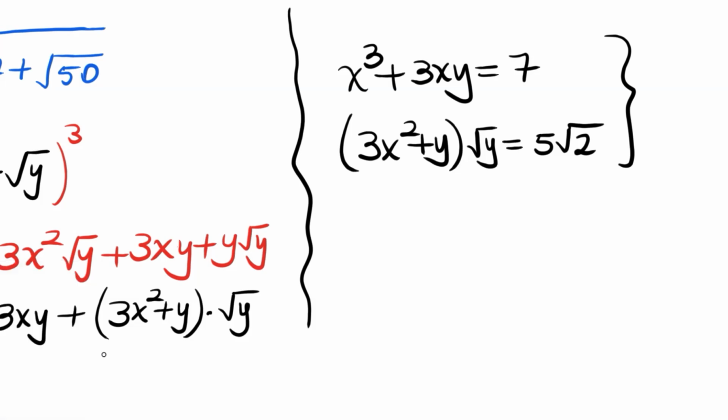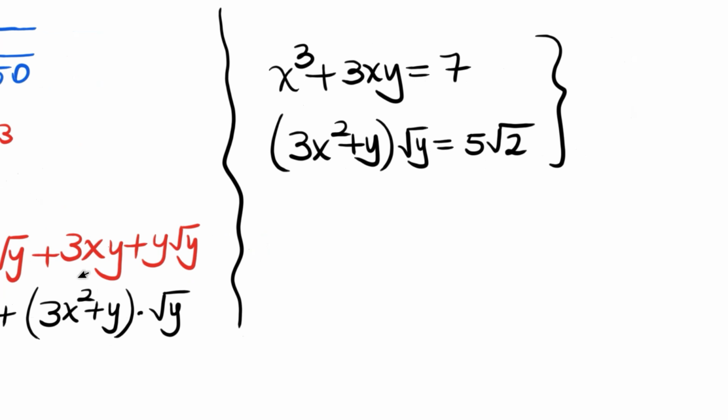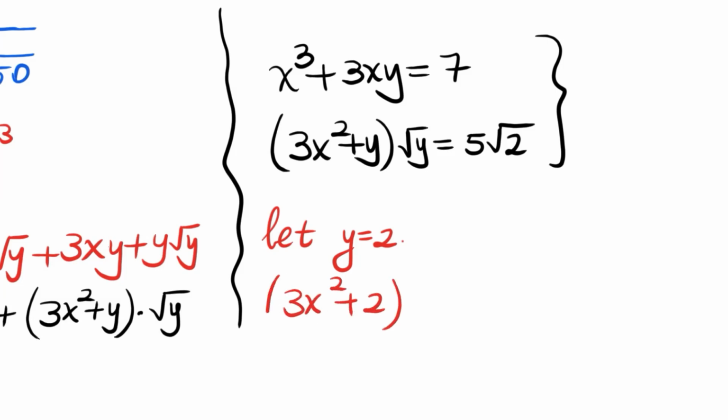Now my friends, let's just guess some values. We should guess y being 2, since we have root y and root 2. Then let y be 2. Then in the second equation, we will have 3x squared plus 2 times root 2 is equal to 5 root 2.